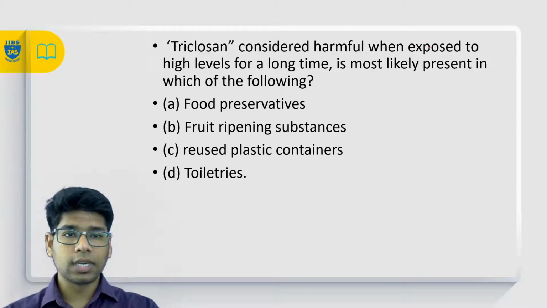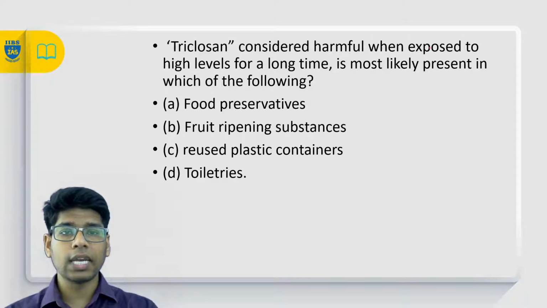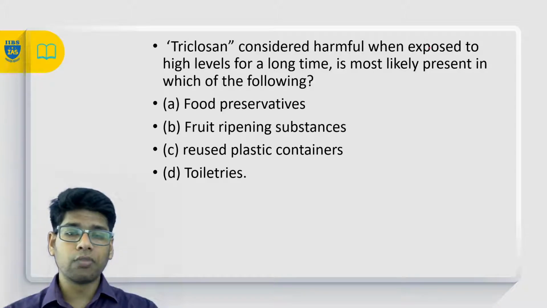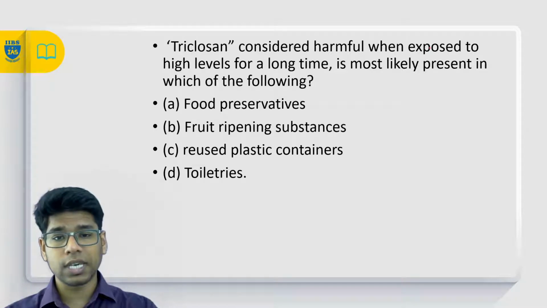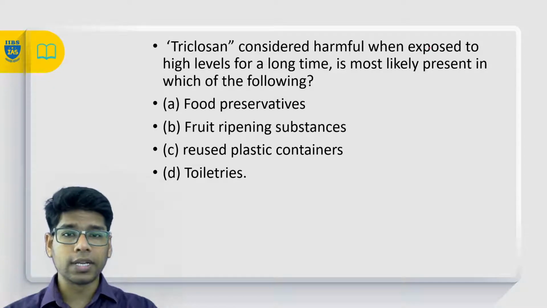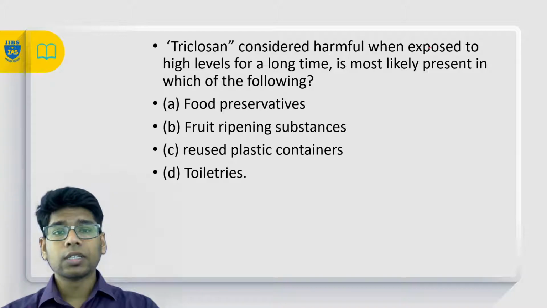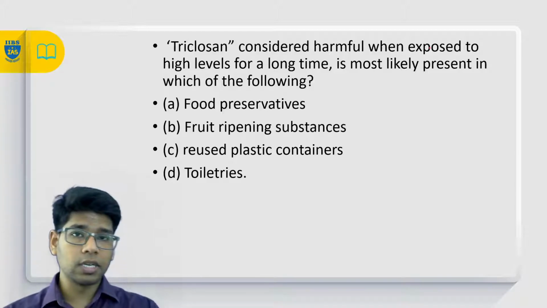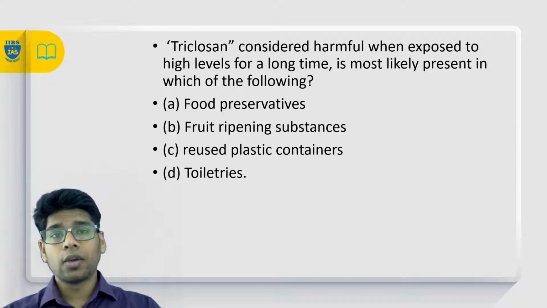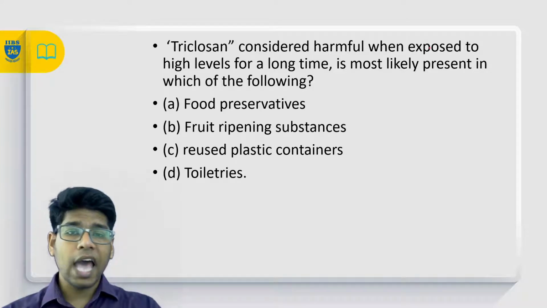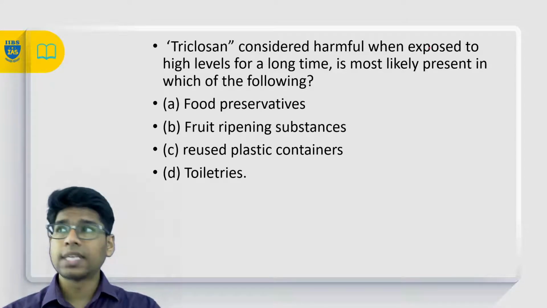And triclosan, considered harmful when exposed to high levels for a long time, is most likely present in which of the following? Food preservatives, food wrapping substances, reused plastic containers, and toiletries. Triclosan has also been in the news recently because with COVID-19, there has been an increased usage of sanitizers.